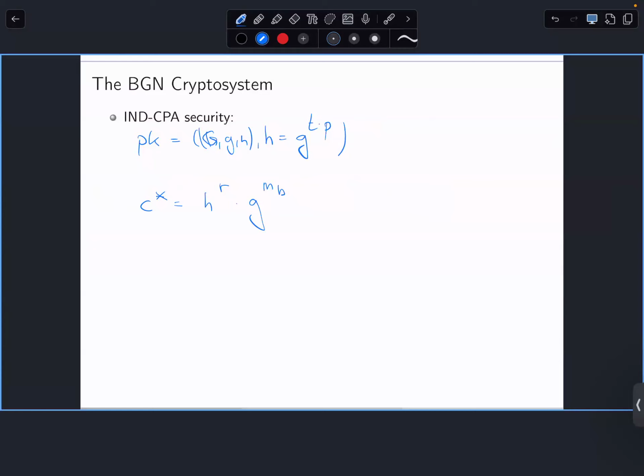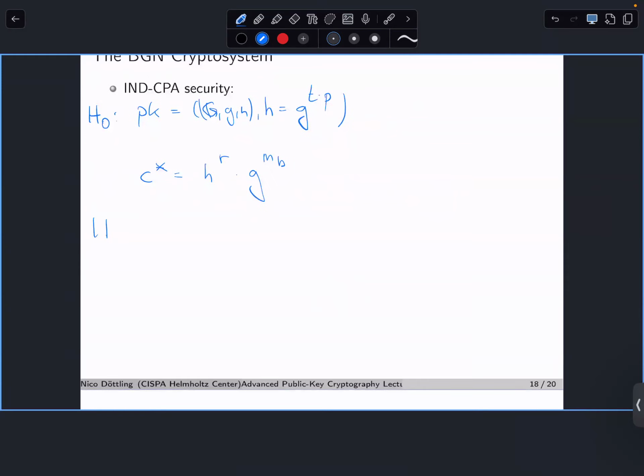So let's call this our hybrid 0, the real experiment. Right? What's the hardness assumption we want to use to prove security of this scheme? What's the hardness assumption I talked about earlier? Who paid attention an hour ago? Yes. Subgroup indistinguishability. So recall subgroup indistinguishability.